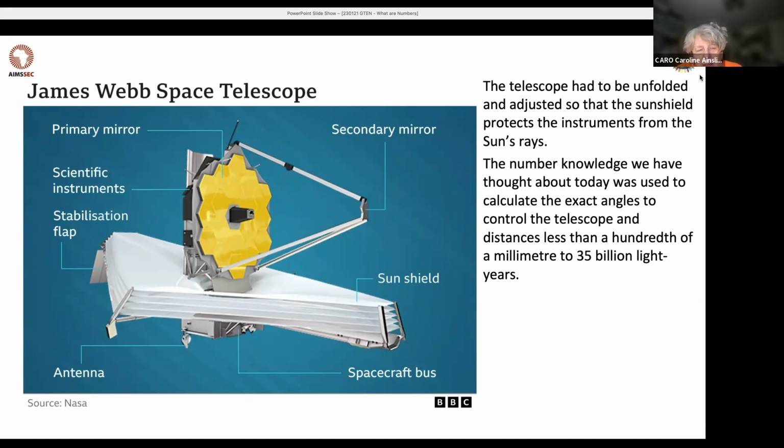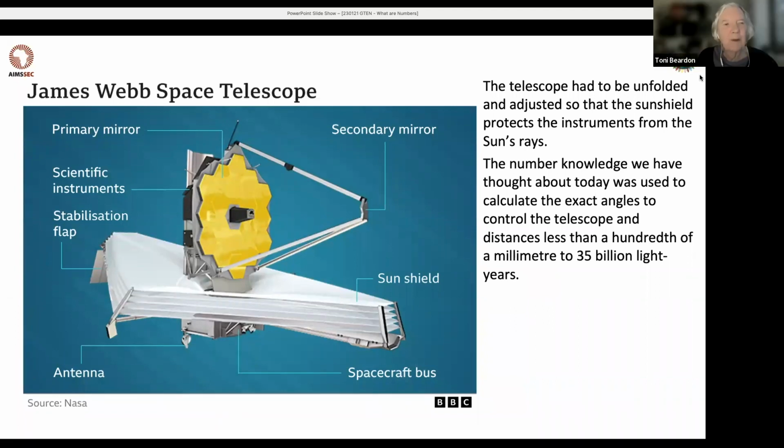They use the numbers on a different level. They are using integration, differentiation. All the numbers again are used in real life, very much so, in order to design that. Imagine if the learners you're working with end up being an engineer designing something like that.